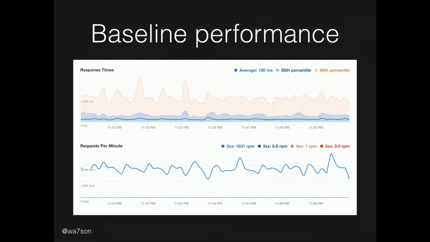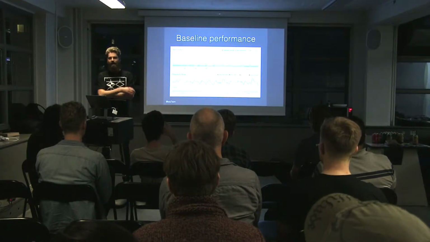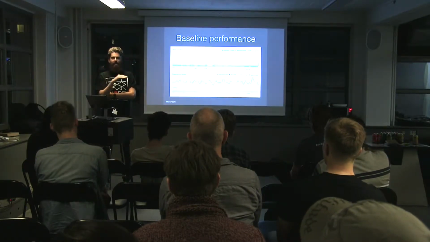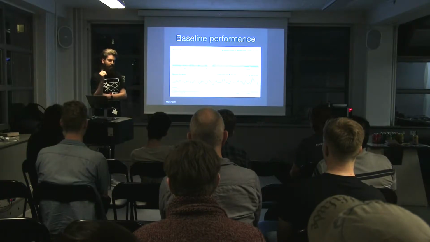And before you start all these things, I want to say one thing that is really important and of course dear to me, which is having a baseline performance graph. So how do you know that your app is slow? Well, if you wait until your customers call you or shout at you on Twitter, then it's too late.